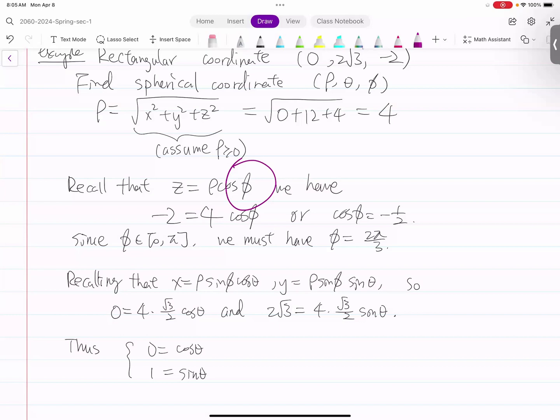So this phi is always between 0 and pi. So what's nice about the cosine function here on this range? So if you quickly sketch, cosine looks like this. Okay. From 0 to pi.